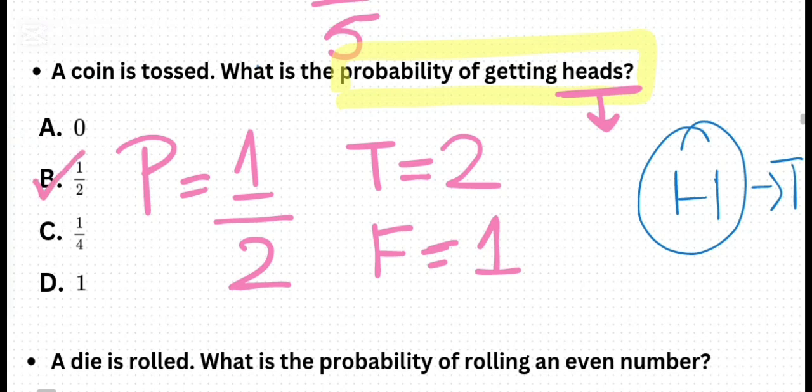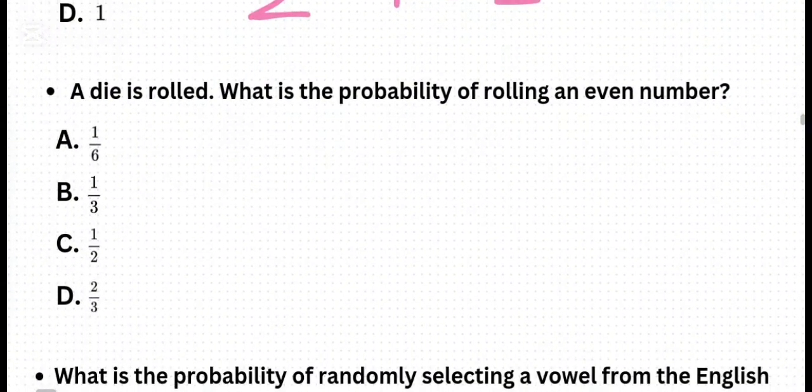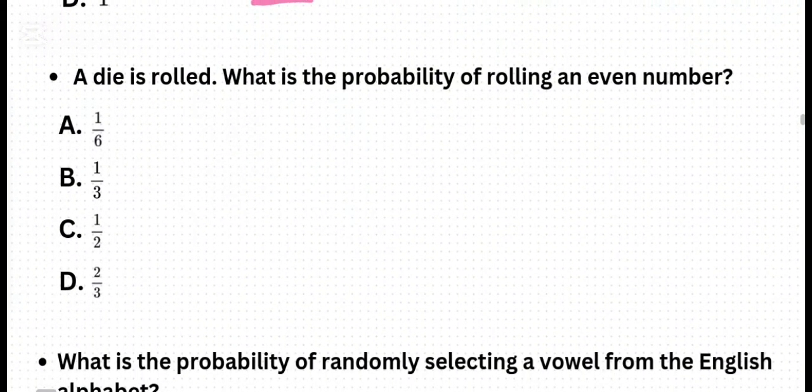Now let's move on to the next question. A dice, or you can say a die, is rolled. What is the probability of rolling an even number? Let's make a dice, okay?